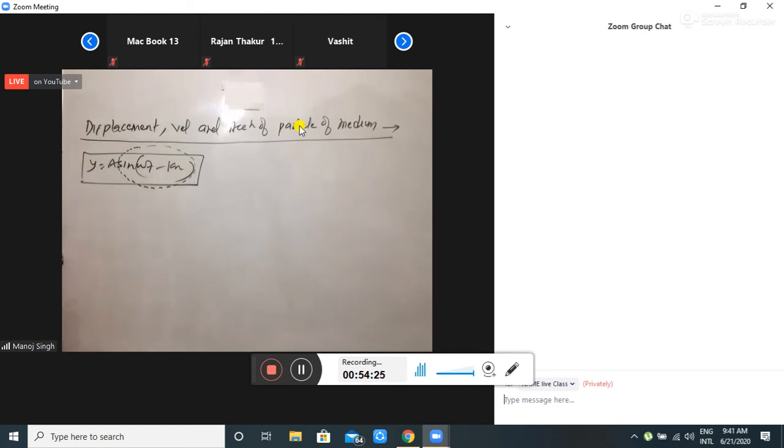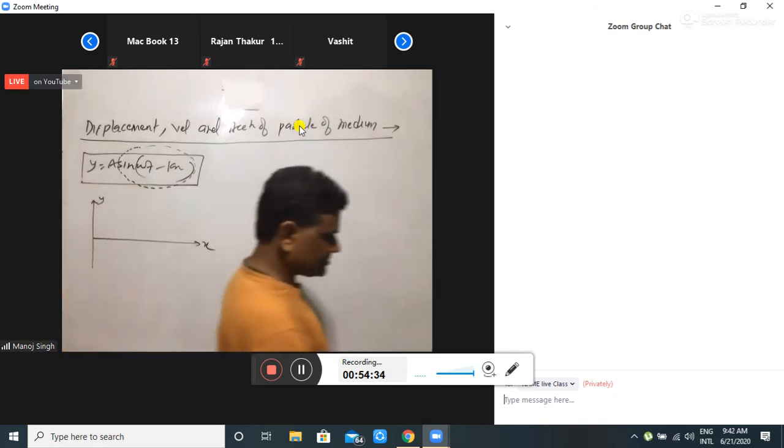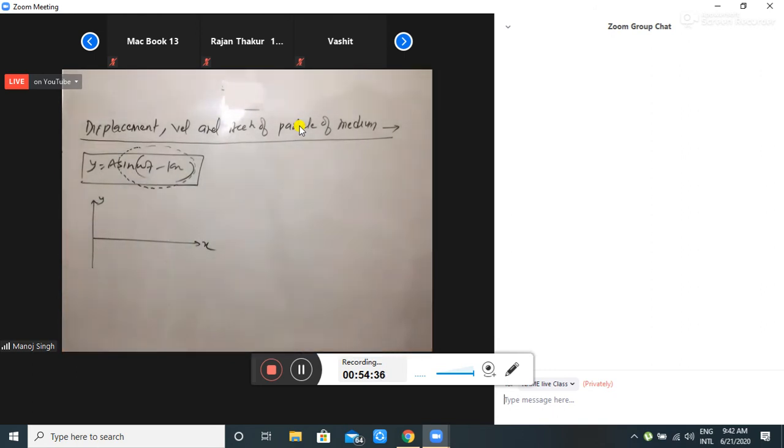But before this, we want to take the graph. This is the graph of y versus x. The particle is oscillating in the y direction, and the wave is propagating in the x direction. At time t is equal to 0, x is equal to 0. Sine 0 is equal to 0, so y will also be equal to 0. So this will be the sine curve.